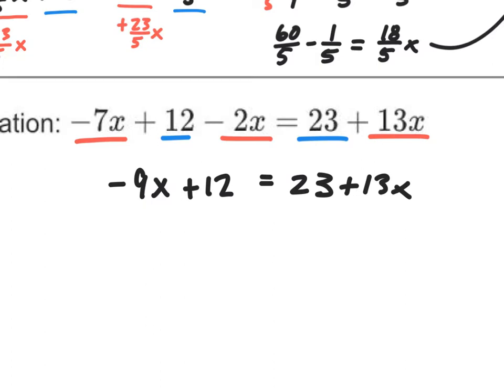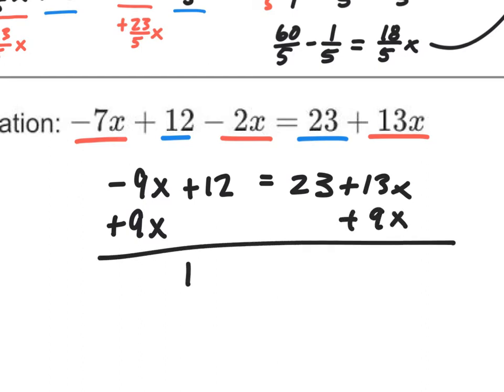Now, it doesn't matter which way I go, which one I move, we're going to end up getting a negative number. I can just tell by looking at it, but what I'll do first is add 9x to both sides. And then I get 12 is equal to 23 plus 13 plus 9, which is going to give us 22x, all right?